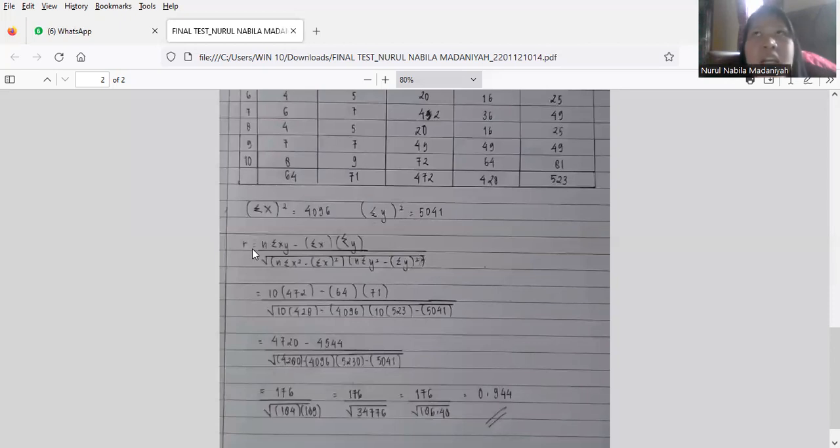In the formula that I have in the paper of the final test, the formula is r equal n sigma XY minus, in parentheses, sigma X, close parentheses, open parentheses sigma Y, close parentheses, per square root of n sigma X quadrat minus sigma X quadrat, n sigma Y quadrat minus sigma Y quadrat.